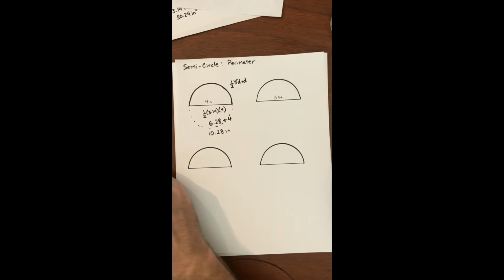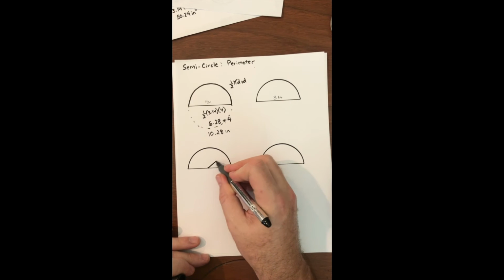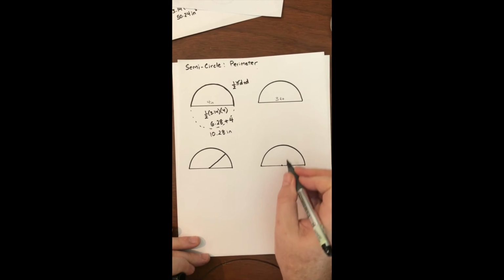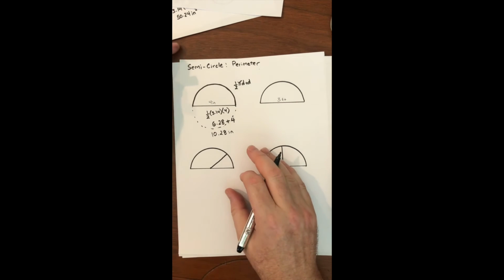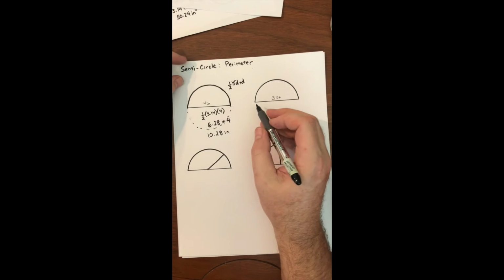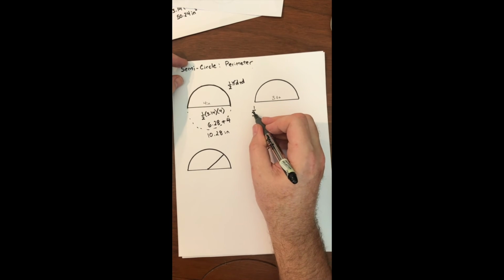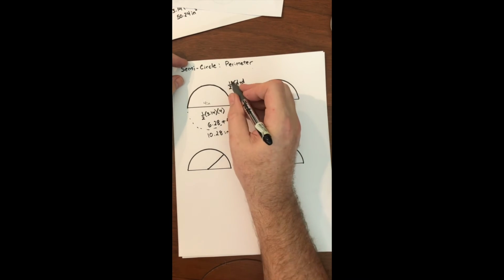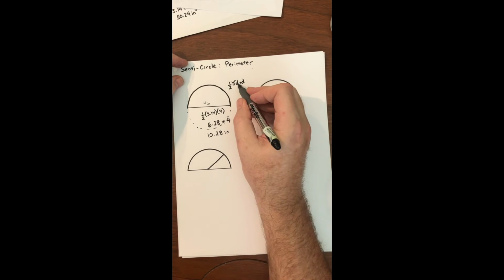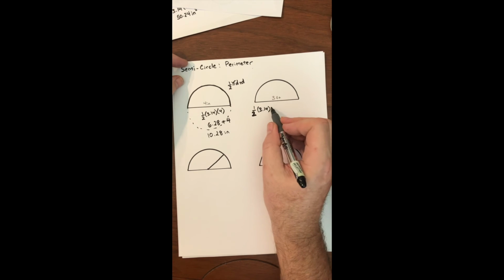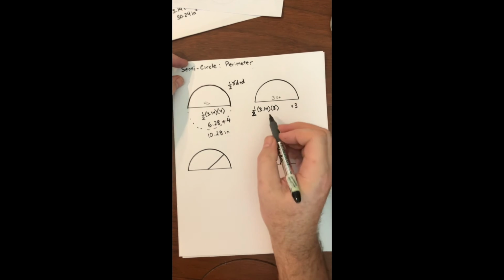These two, I'll give you the diameter, and down here, as I'm sure you can already expect, I'll give you a radius so you can see how we change things. Okay, so it's going to be 1/2, pi, which is 3.14, and then times the diameter. The diameter is 3. In the end, I'm going to add that diameter back in.